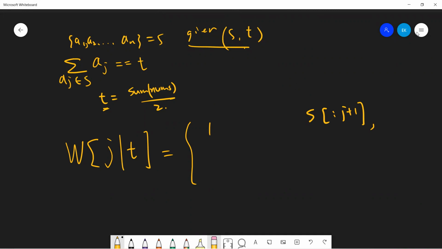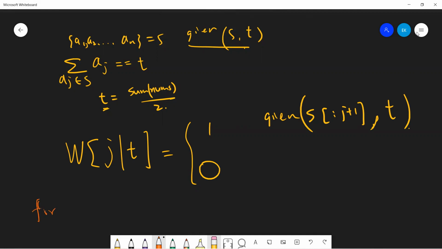It means that you can find a subset in this array such that their sum is t. Given this j and this t, if there is an answer, it's 1, otherwise 0, which means that there is no answer. Hopefully it's clear.